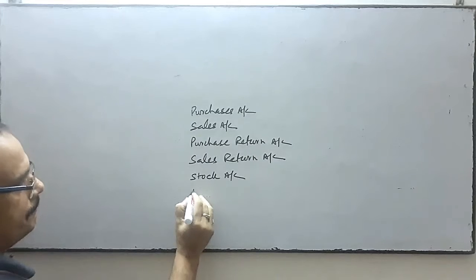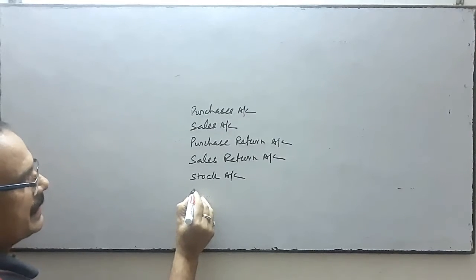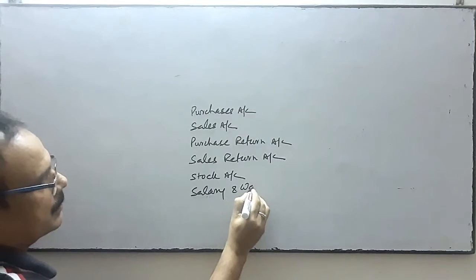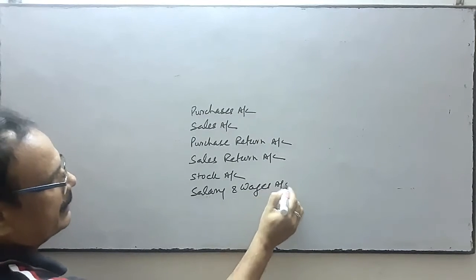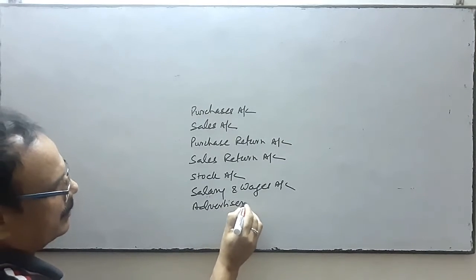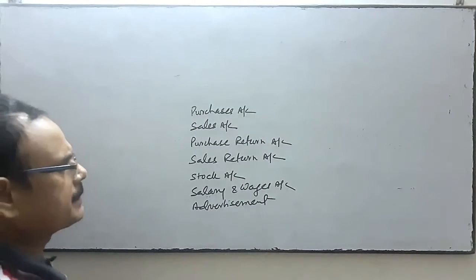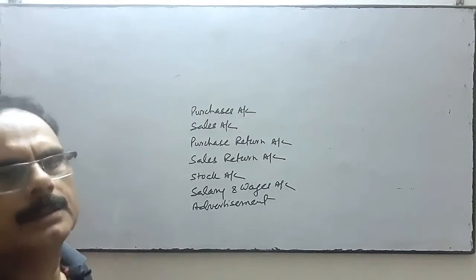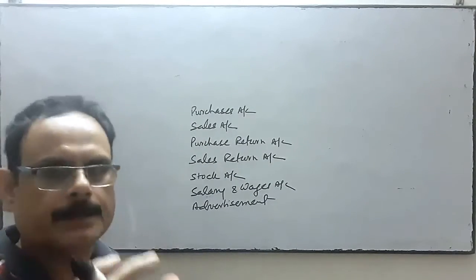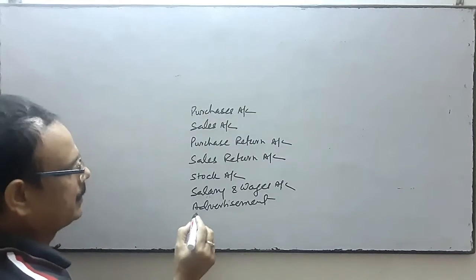if you see the expenses, salary and wages account, advertisement account, each and every ledger which is in your business. While recording the transaction, if any such new name has come, then we prepare the ledger.